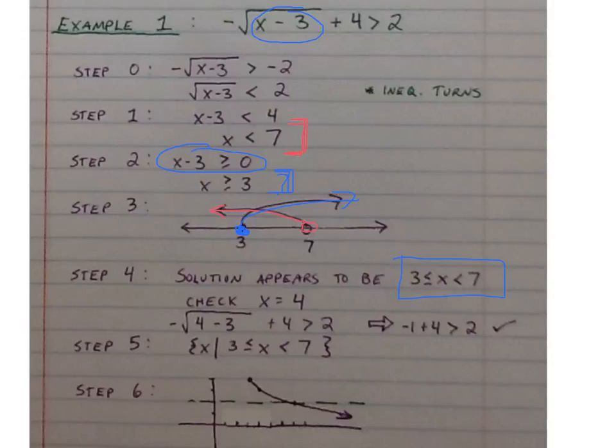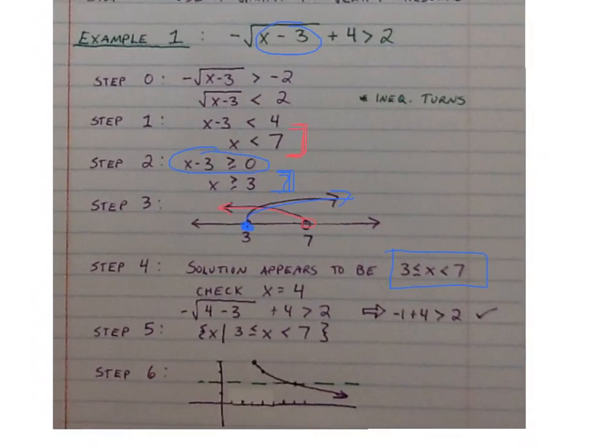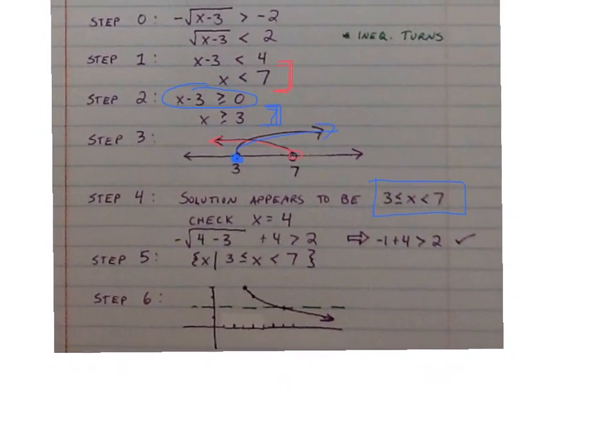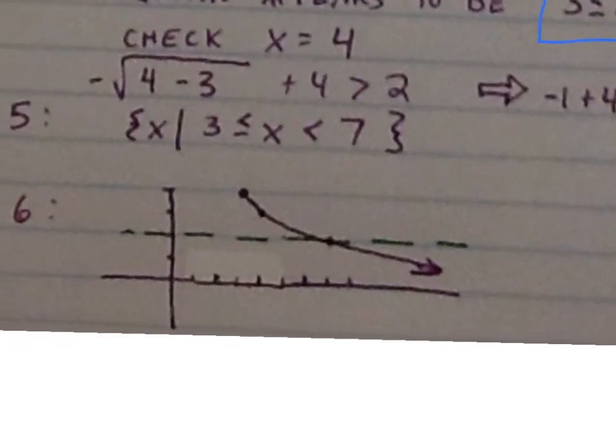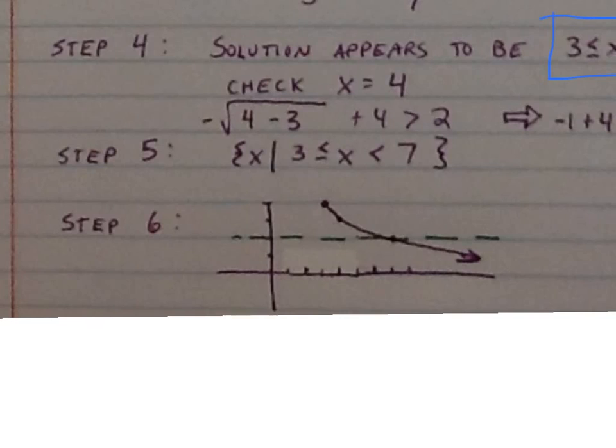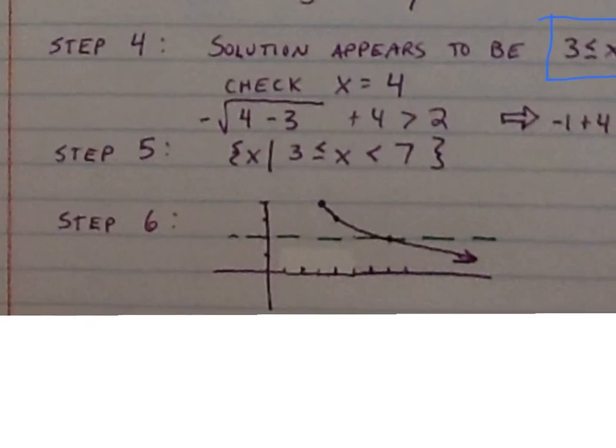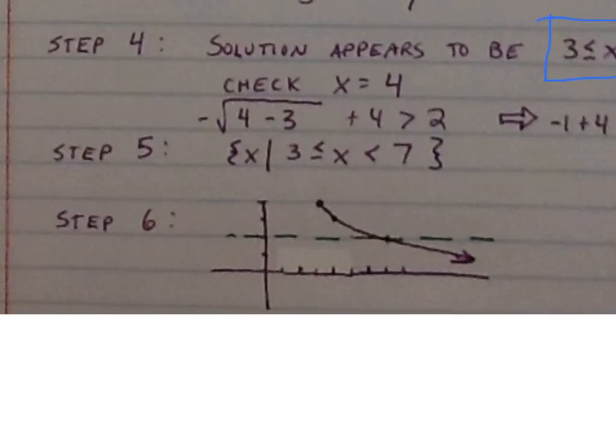So what I did is first I graphed the 2 as a dashed line. Here, I'll zoom in on this. So I graphed the 2 as a horizontal line that's dashed because it's less than 2.